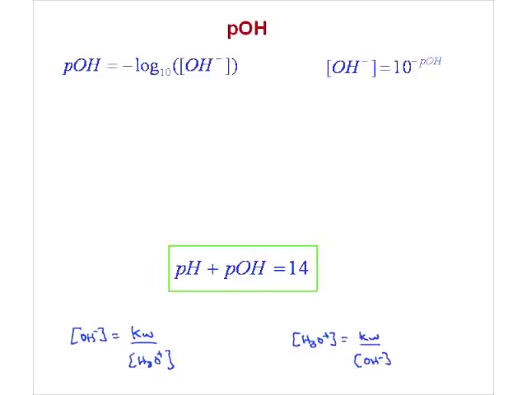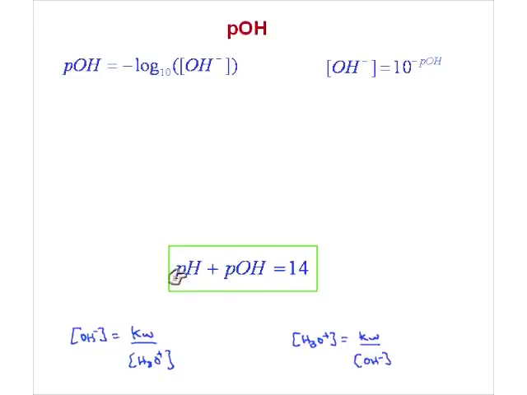So let's have a look at that. Acidity from the hydroxide perspective is the exact same thing as we've been doing, but this time we express it as pOH. So it's going to be the minus log of the OH concentration. Likewise, if I give you a pOH, you can get the hydroxide concentration. A real nice little relationship exists here. Everything is based on 0 to 14. So what we say is that the pH plus the pOH is equal to 14.